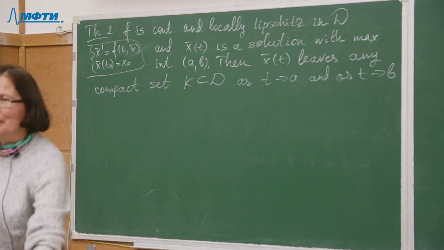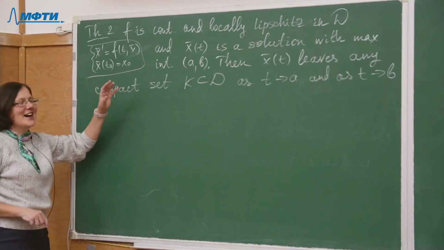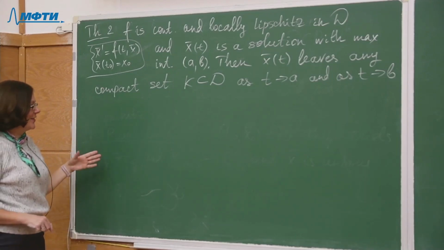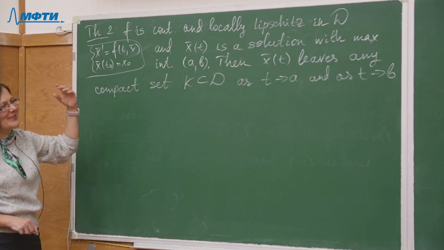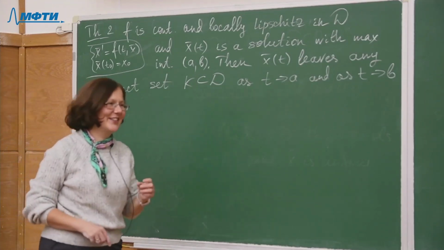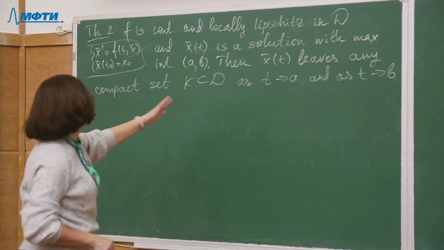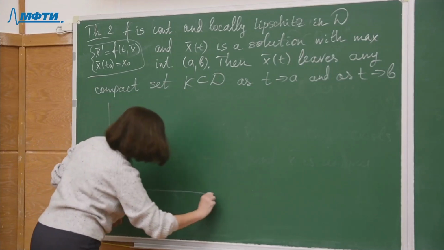So I think I need to explain this. I will omit the proof, and I have chosen the easiest statement. It can be stated in a more complicated form, but what does it mean to leave any compact set? Now I will explain the meaning of this theorem.